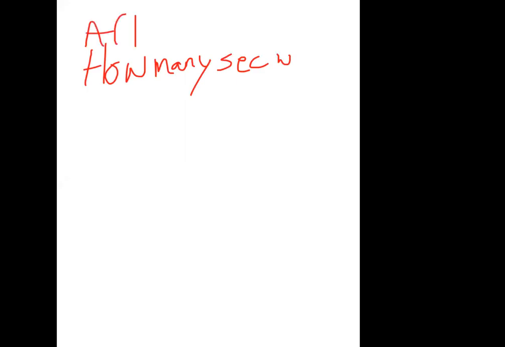But anyway, all right. So my question was, if you're not going to use Desmos, how do you solve the same question? So the question is, after how many seconds will the rocket be 112 feet up?